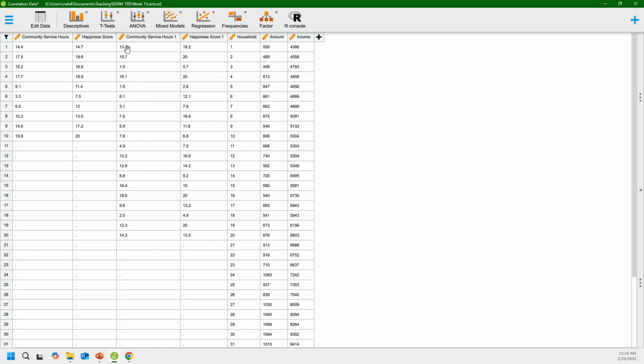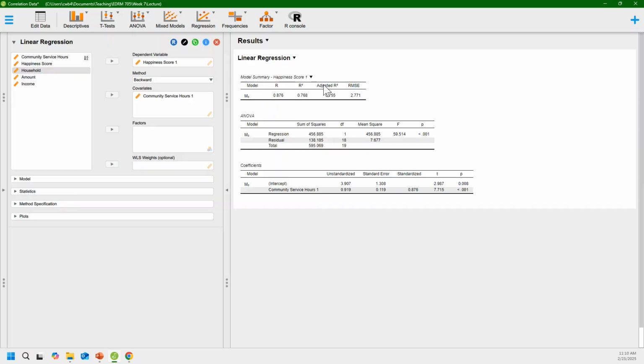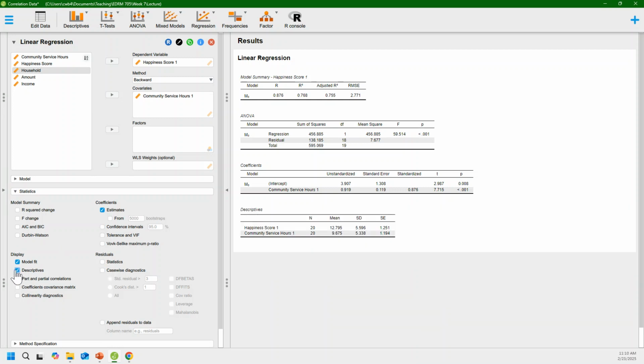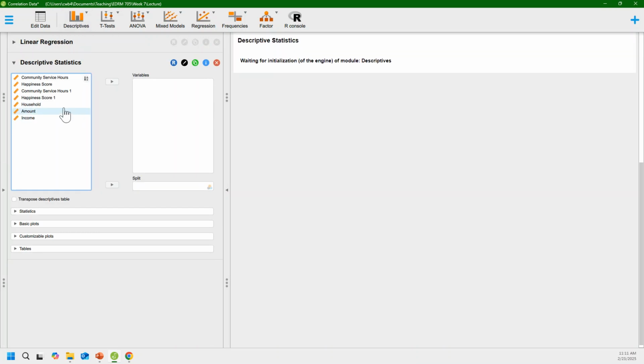But if I want to look at this regression equation that we created, and I talked about extrapolation, I'm going to look at what my minimum value is, and it's probably easier to go back to my results. I'm going to go here to my results. Can I add descriptives? I'm going to add descriptives here.